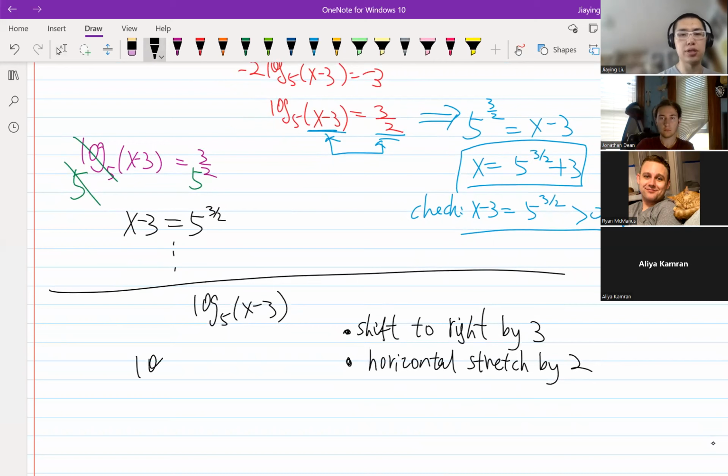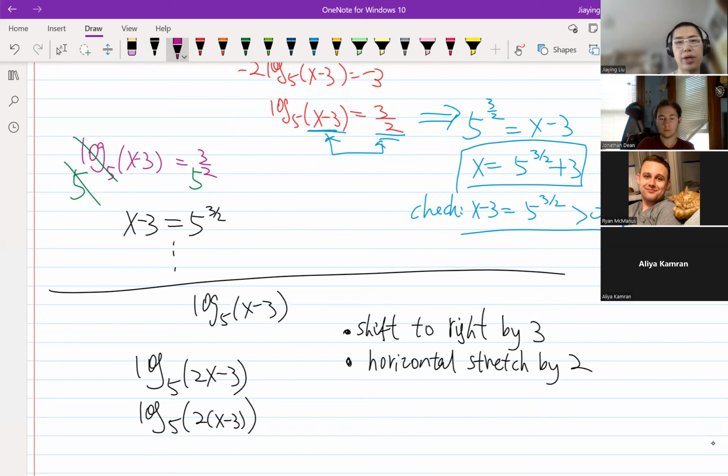One is, does it look like 2x minus 3, or does it look like log base 5 of 2 times (x minus 3)? That's something we have to be careful about. I don't imagine I'm going to give you a problem like this, but that's a very good point. I just want to use this opportunity to explain quickly. With the horizontal operation, here we have a multiplication and a subtraction in this part.